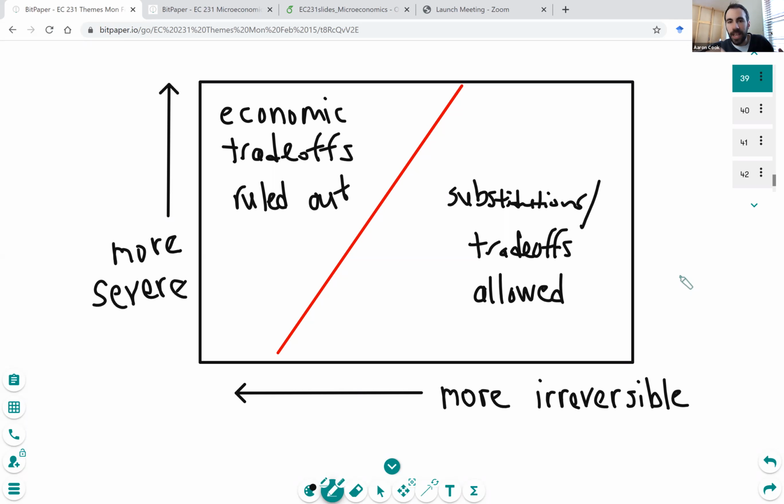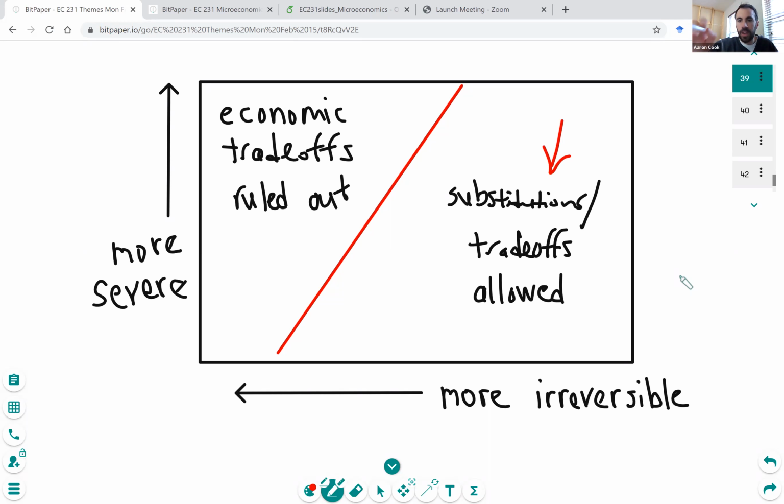And we said that a safe minimum standard is essentially a line, a bright red line, separating that space into things where we are going to allow economic trade-offs to occur, where we're going to allow substitution of man-made capital for natural capital.